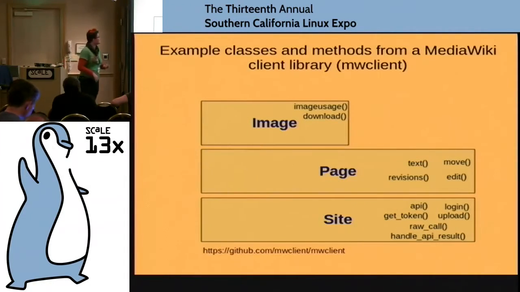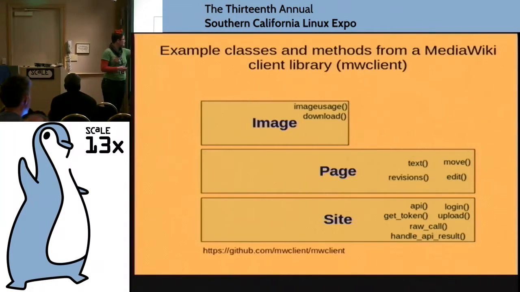So, for instance, I'm going to just give some examples from a library that I'm fond of. You have, at the lowest level, the wiki site that you're interacting with. You have the API get token, so that's the CSRF protection token.